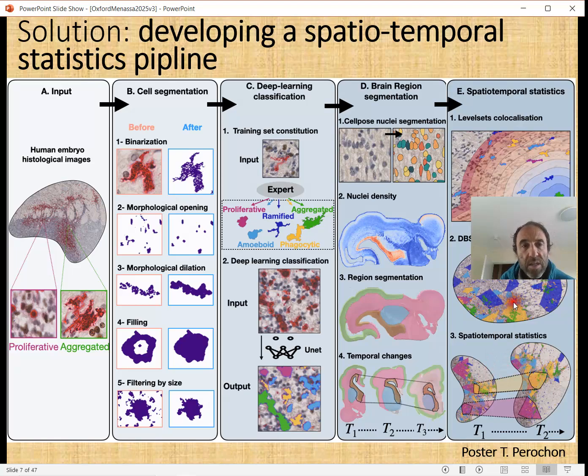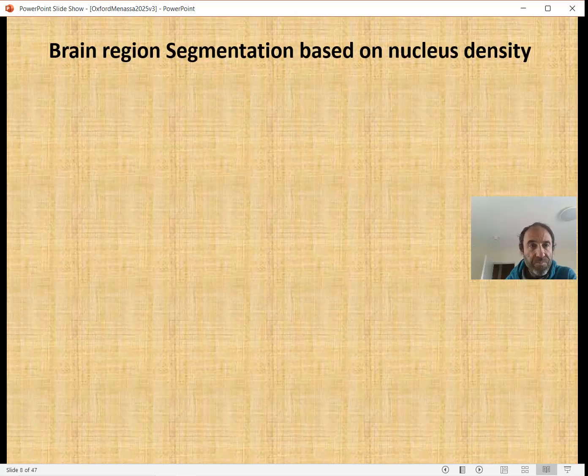So that was the goal of this paper that I'm presenting here today, to have this entire pipeline automatized, and this would help to better classify and clarify the organization, and we applied it here on microglia in the human brain.